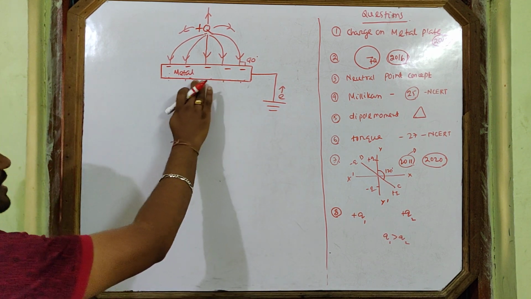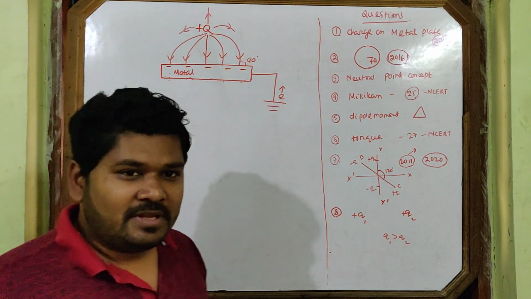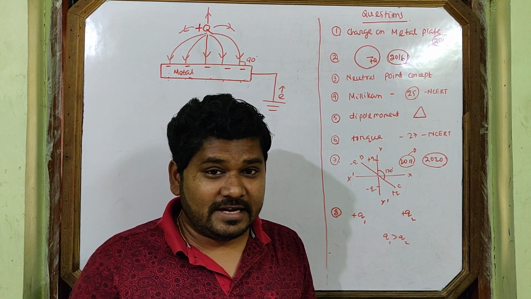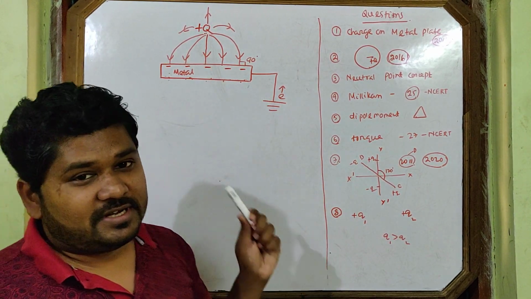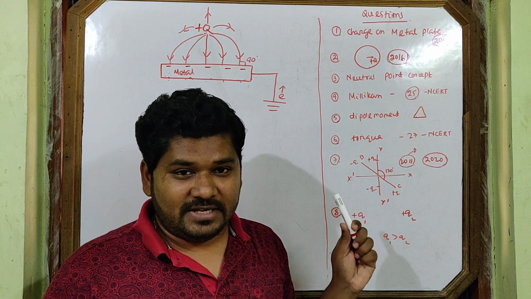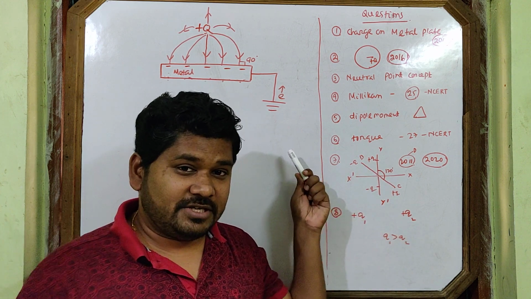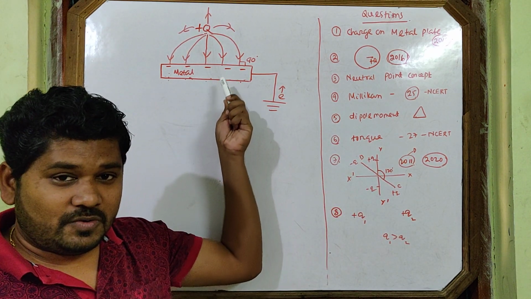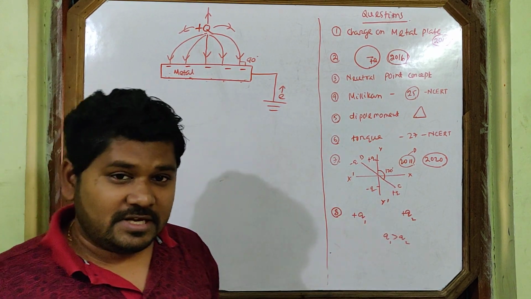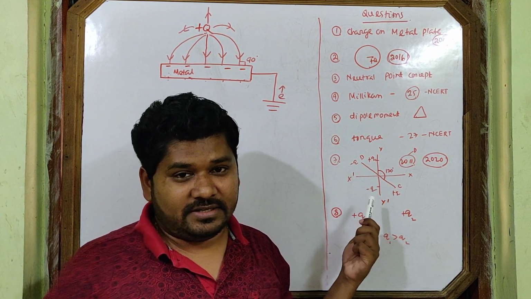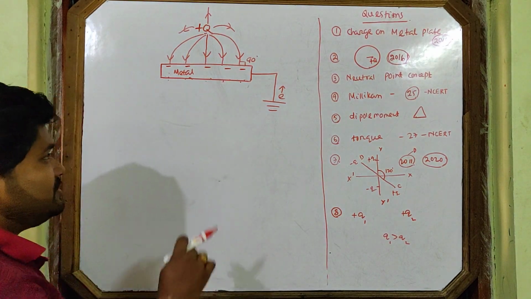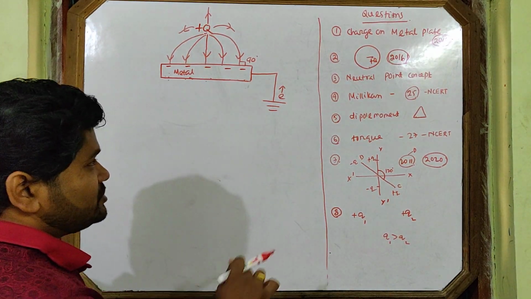Now the answer will be modified like this. First I just keep the metal plate very close to the plus Q charge. In the second question I connect the metal plate to earth. Okay, now we go to the next question.